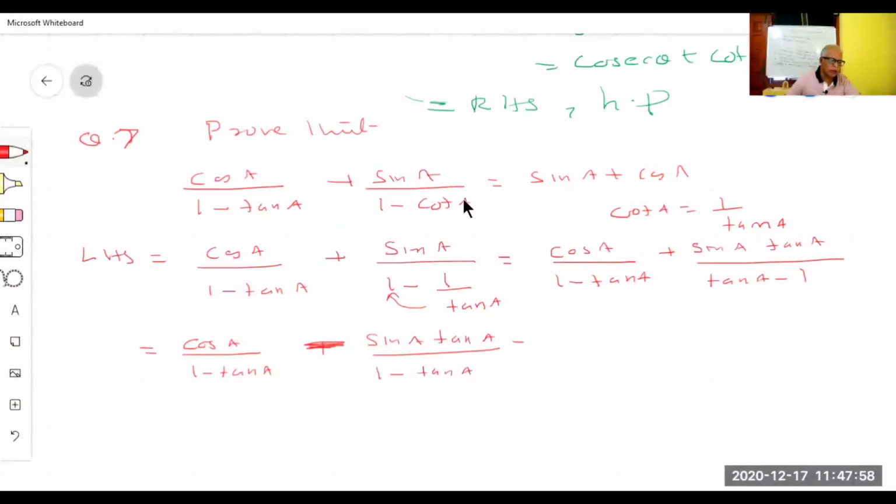So what is common here? 1 minus tan A is common, so take it outside. 1 by 1 minus tan A, took it outside. Then here you have cos A minus sin A into sin A by cos A, right?